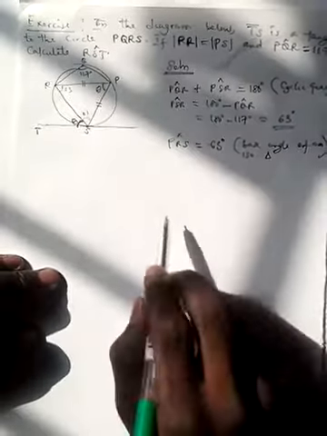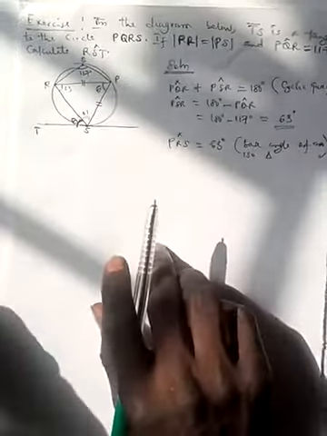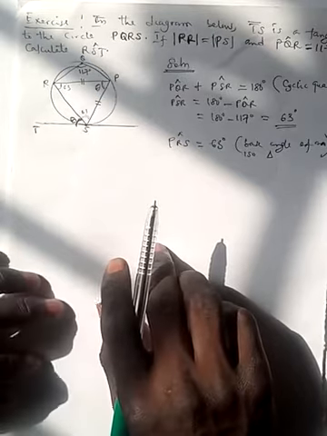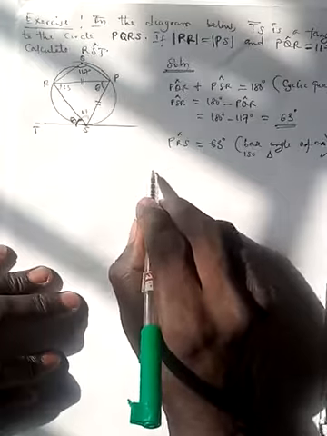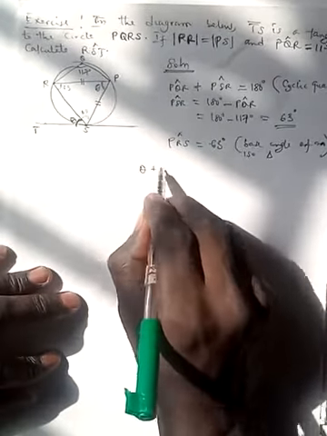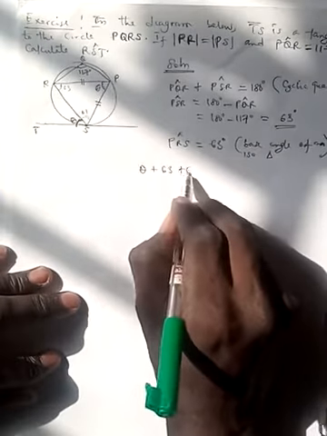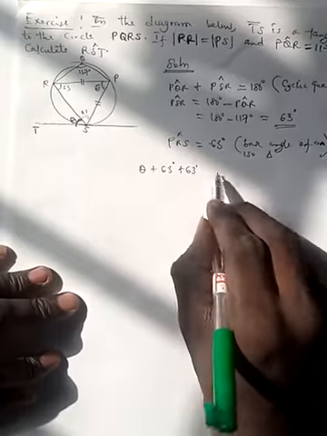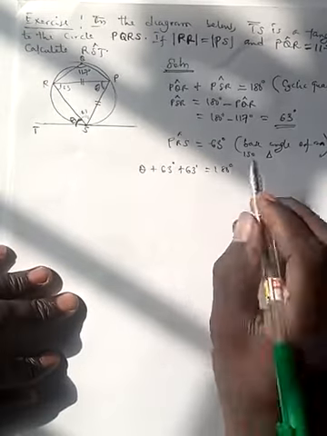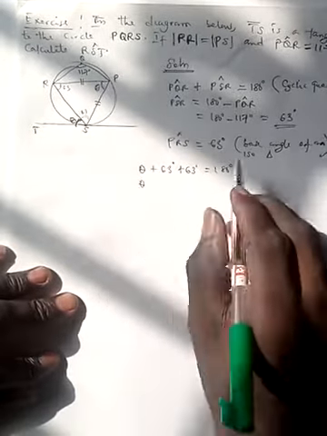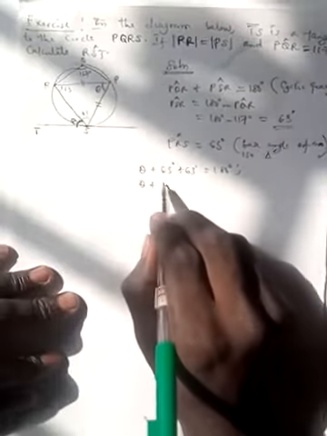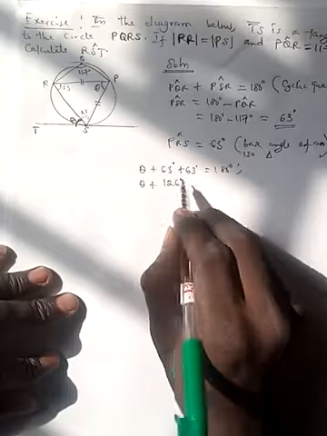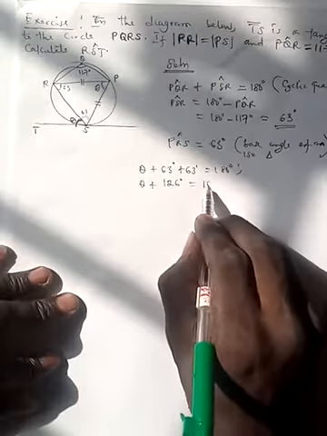Okay, so how do we find theta? We know that the sum of angles in a triangle is 180. So meaning that theta plus 63 plus 63, that should be 126 degrees, equals 180 degrees.